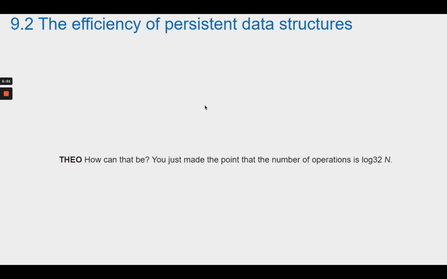Theo: How can that be? You just made the point that the number of operations is log 32 n. Joe: Be patient, my friend. What is the highest number of elements that you can have in a list in practice? Theo: I don't know. I never thought about that. Joe: Let's assume that it takes 4 bytes to store an element in a list.